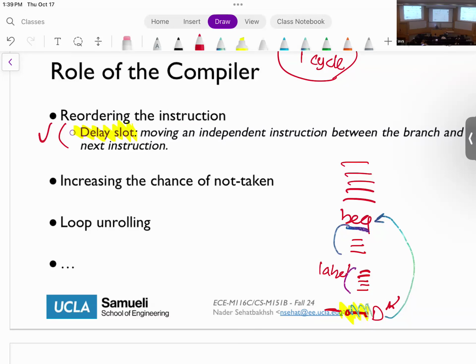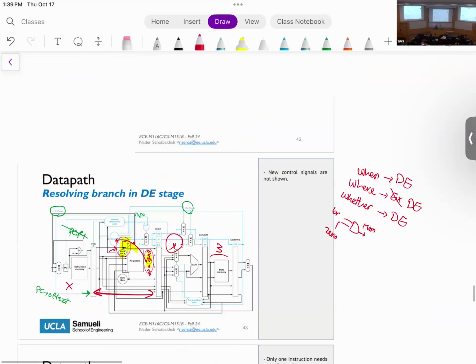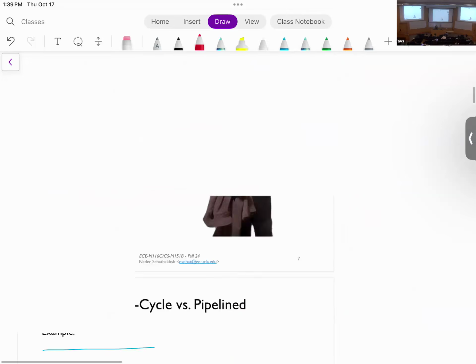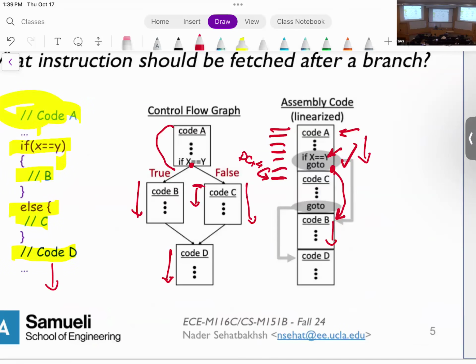The second thing that the compiler can do is this. Remember I told you that not taken happens only 30% of the time, and taken happens 70% of the time. But the compiler can reorder things such that the chance of not taken increases. For example, remember at the very beginning, I told you that I can put not taken here and taken here.